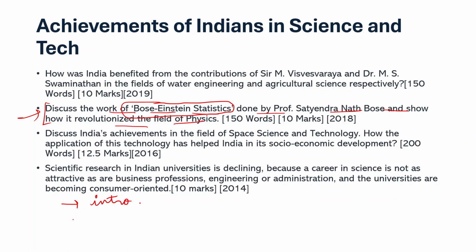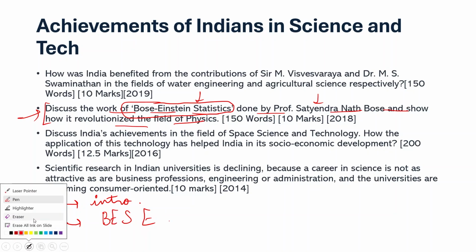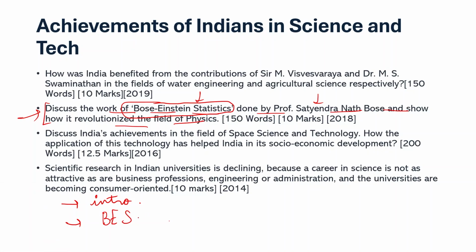Simplify the structure first. You write the introduction where, if you know about Bose-Einstein statistics, you can define it, or you can write something about Satyendranath Bose, right? Then you come to Bose-Einstein statistics, and you define what it is, right?